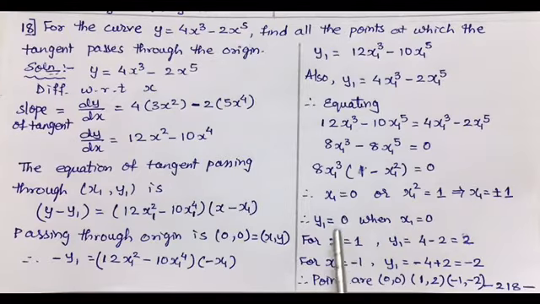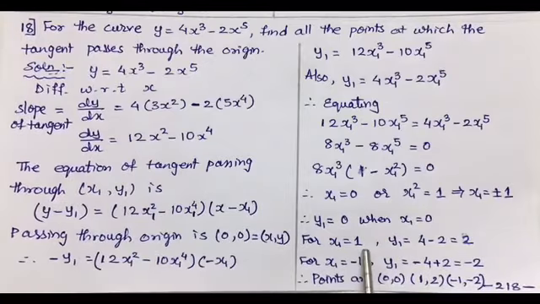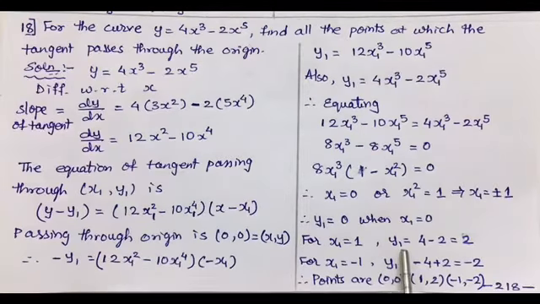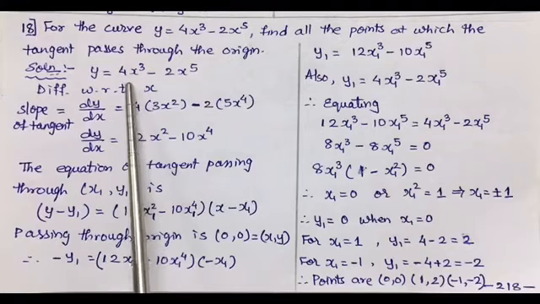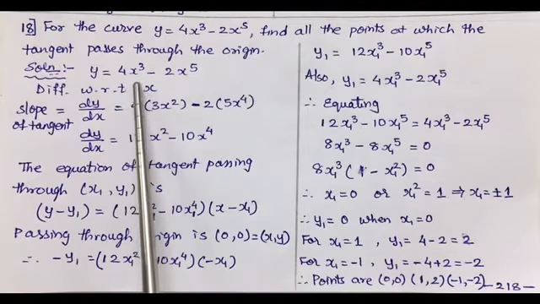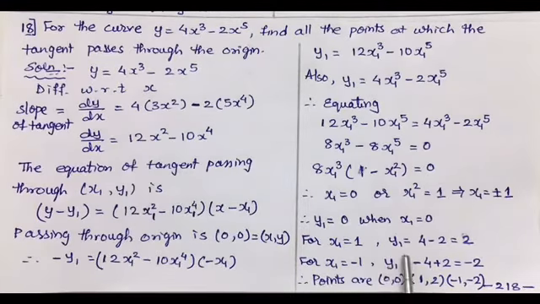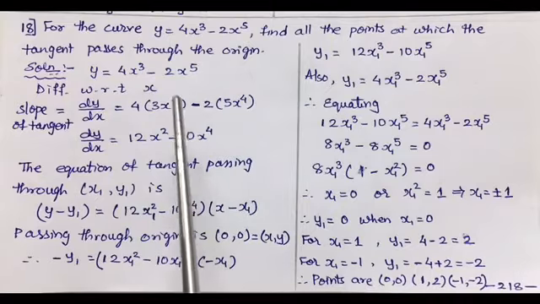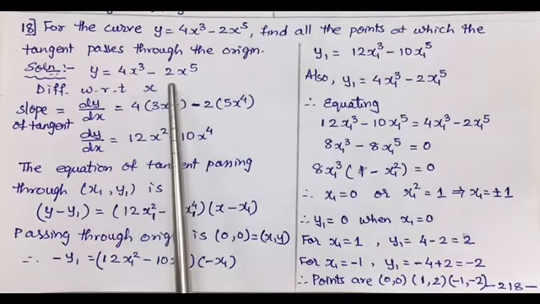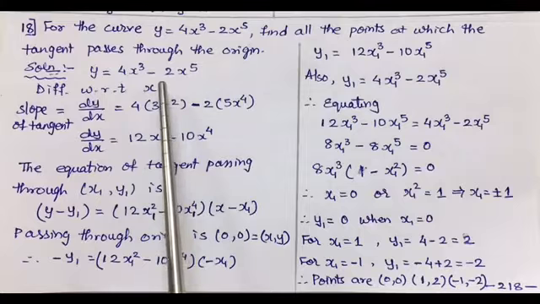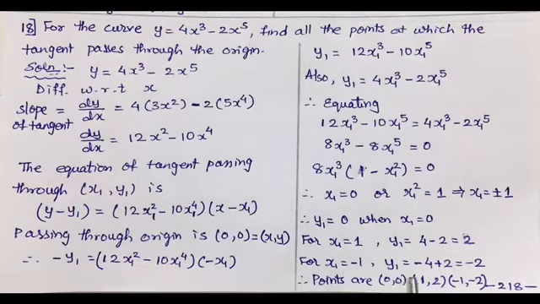So when x1 is 0, y1 is also 0. When x1 is equal to 1, keeping the value of x in the equation of the curve, we get y1 is equal to 4 minus 2, that is 2. When x1 is equal to minus 1, again keeping the value of x in the curve, we get y1 is equal to minus 4 plus 2, that is equal to minus 2.